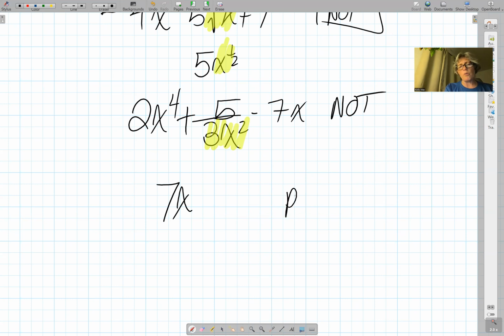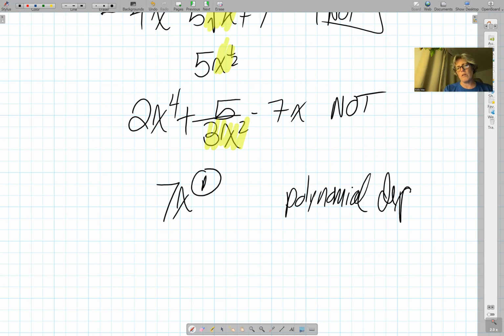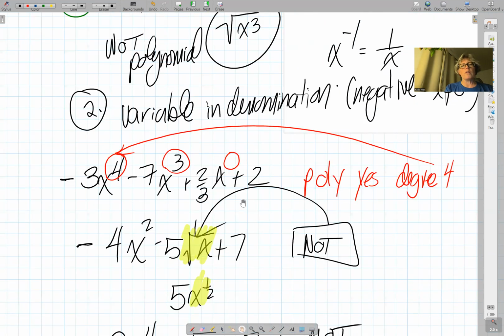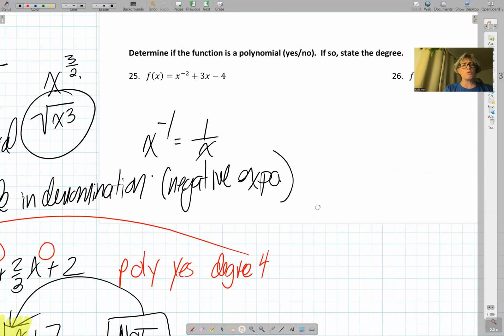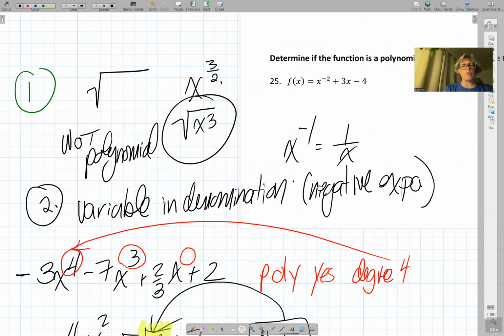Yes, that's a polynomial, because technically you have an exponent of 1 there, so your degree would be 1. It's in the first degree. So there's a couple differentiations between what is and is not a polynomial, keeping these rules in mind.